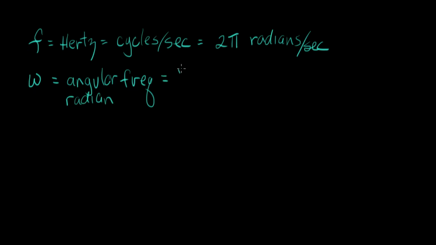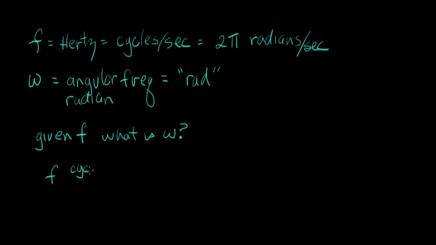And you'll sometimes see the word rad used to indicate that we're talking about angular or radian frequency, and the variable is omega. So let's work out what the relationship is between F and omega. It's actually sitting right here. Okay, so if I give you an F, given F, what is omega? So I write down a number, F, and it's in cycles per second. And I'm going to multiply that by a conversion factor that I'm going to make up.